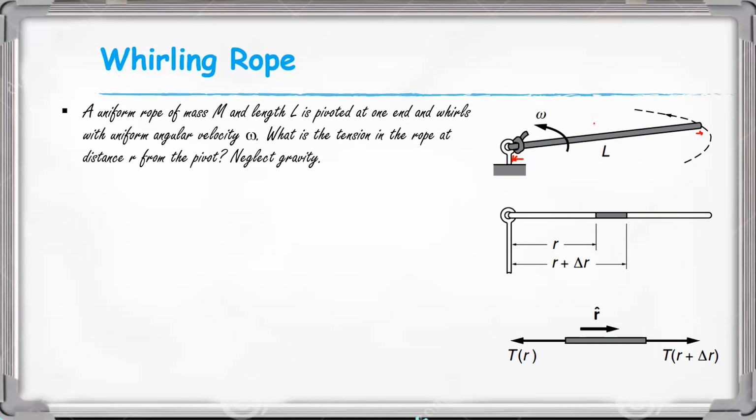It has a mass M, and it is pivoted at one end and whirls, circulating with an angular velocity omega. Then we have to obtain the tension in the rope at a distance r from the pivot.